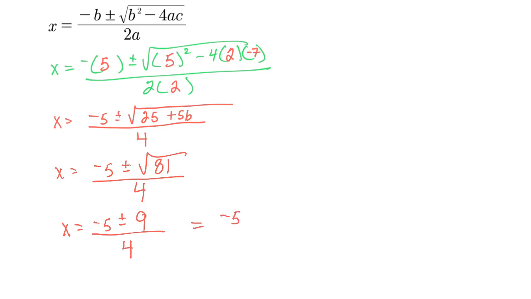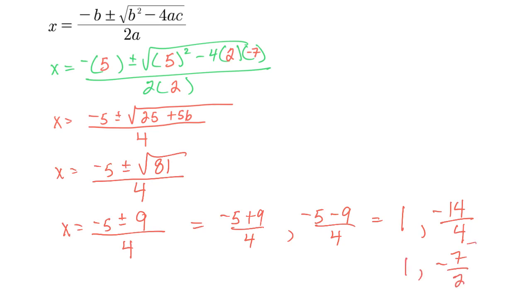So it'd be minus 5 plus 9 over 4 and minus 5 minus 9 over 4. So those two answers, minus 5 plus 9, would be 4 over 4 or 1. Minus 5 minus 9 would be a minus 14 over 4, which I could simplify to minus 7 over 2. So those would be my two answers right there.